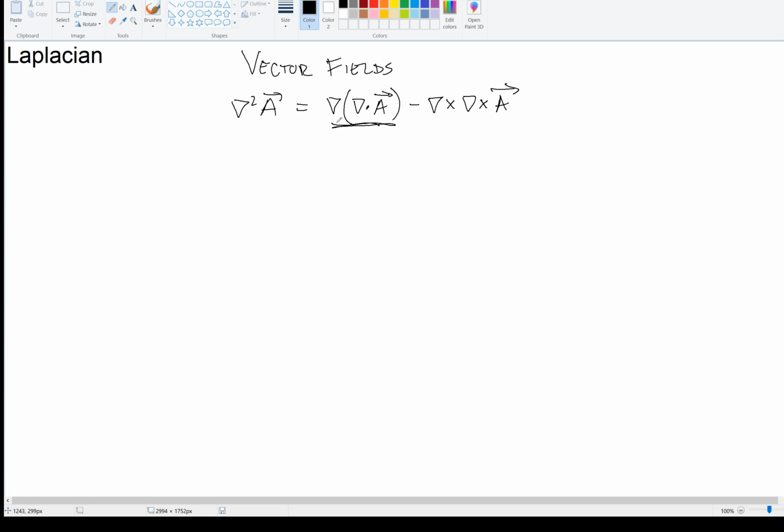The gradient is a vector. Here we're doing two curls. The curl is a vector. So this thing gives a vector out. And separately, we talked about how to compute all of these things: the divergence, the gradient, the curl in cylindrical, Cartesian, and spherical coordinates, so you should have no problem there.